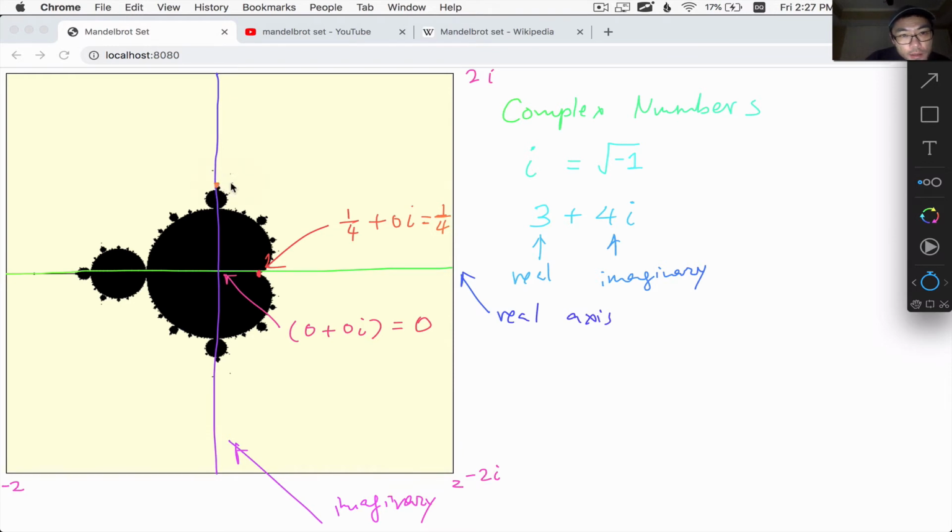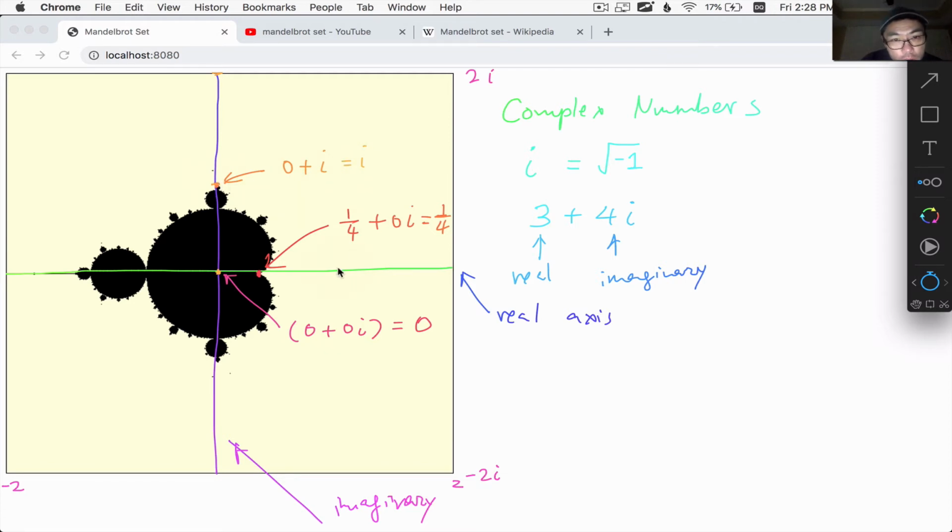This dot here, since this is 2i, this is 1i, and since this is on the vertical line, it intersects the 0. This is 0 plus i, or simply i.